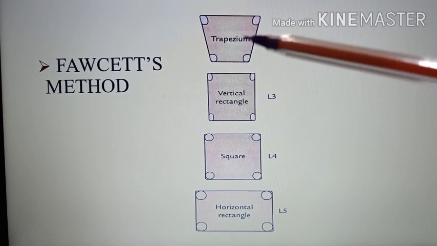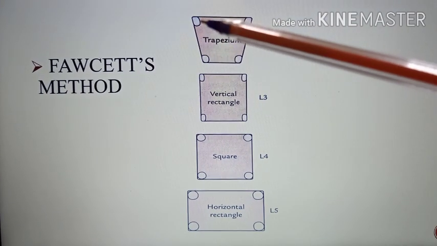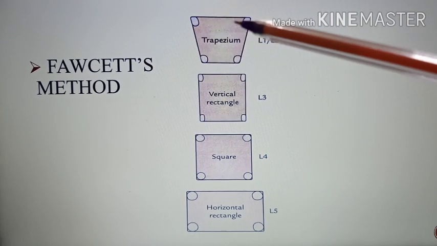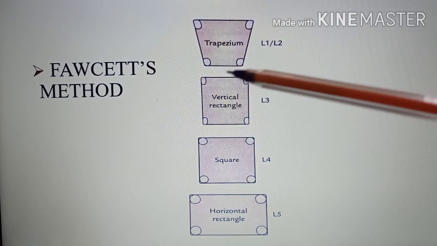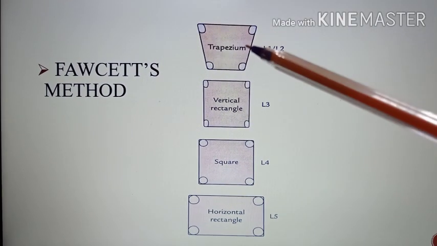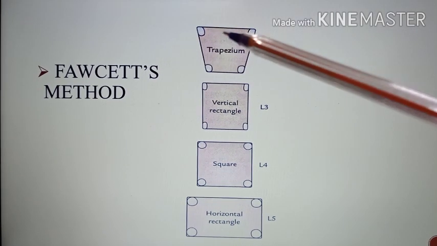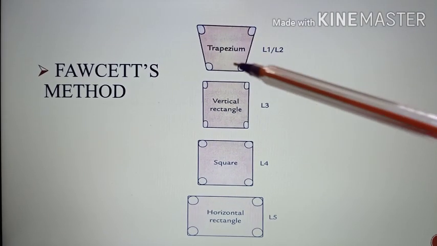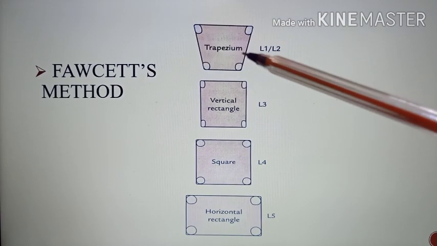So if you see the first lumbar vertebra and second lumbar vertebra, when we join the superior articular facets and inferior articular facets, it appears trapezium in shape. So if you see the first and second lumbar vertebra, the top is broader comparing the base. That's why it gives the shape as trapezium.